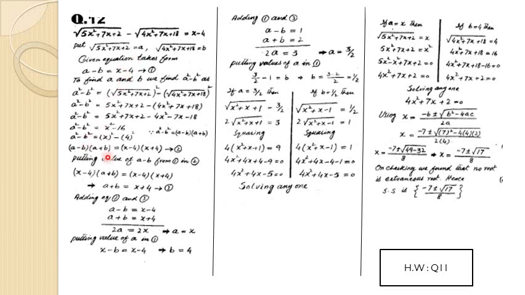In place of a minus b, x minus 4 has come. So what is the value? A plus b is equal to x plus 4. So now I am just adding equation 1 and 4, a minus b and a plus b, equations 1 and 3, I am adding. Okay. Find the values of a and b from here and put it back. So take x2 from here.